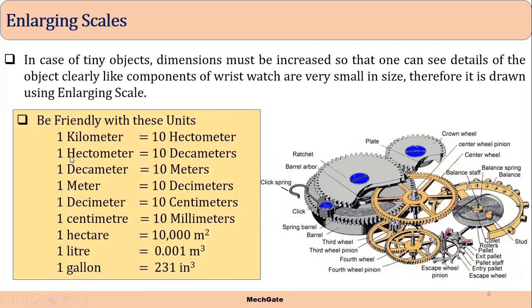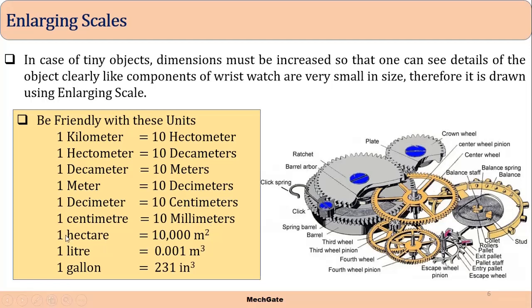So these are some of the units that we are going to use. Be friendly with these units. 1 kilometer equals 10 hectometer, 1 hectometer equals 10 decameter, 1 decameter equals 10 meter, 1 meter equals 10 decimeter, 1 decimeter equals 10 centimeter, 1 centimeter equals 10 millimeter.